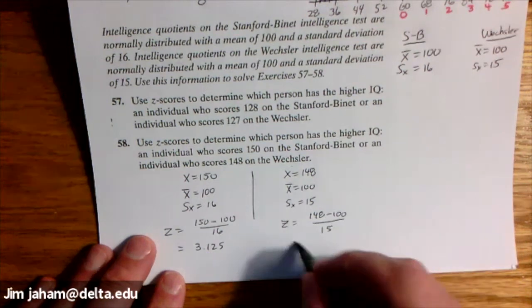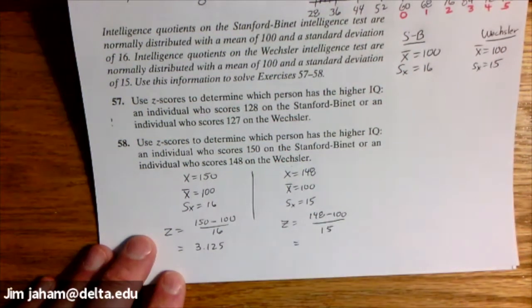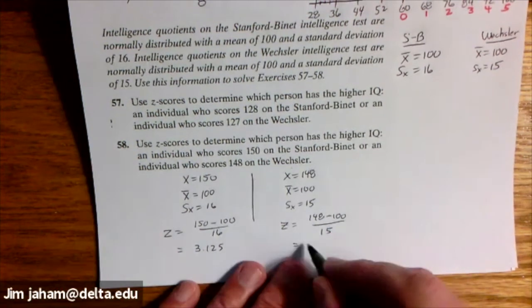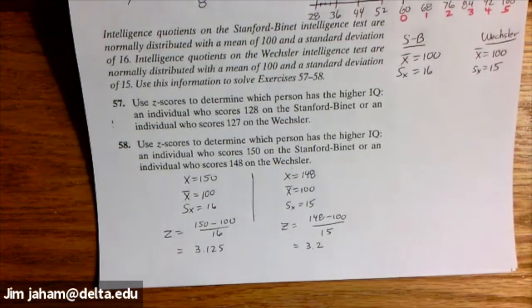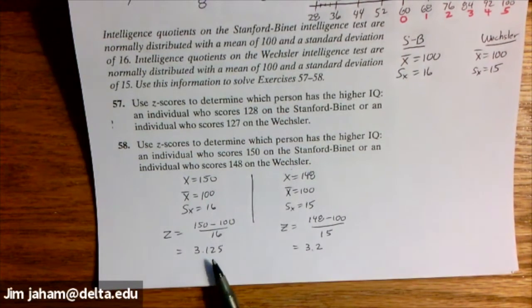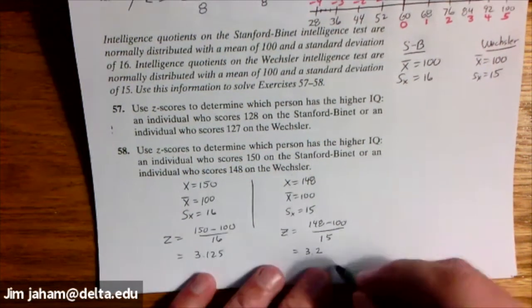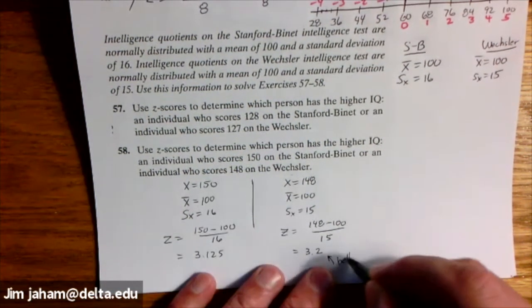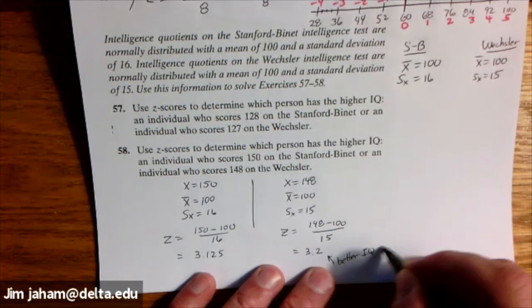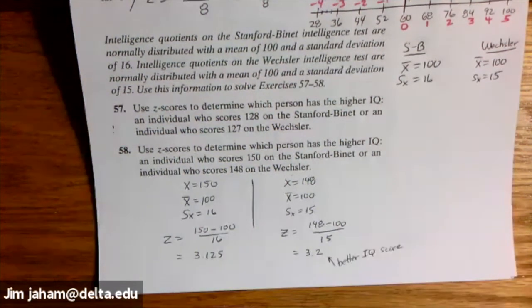Over here, we would take 48 and divide by 15, and this would give us 3.2. So 3.2 is higher than 3.125. So therefore, the better score would be the 148, even though it's lower than the 150. So this is the better IQ score. So maybe we would say that that person is the smarter of the two.